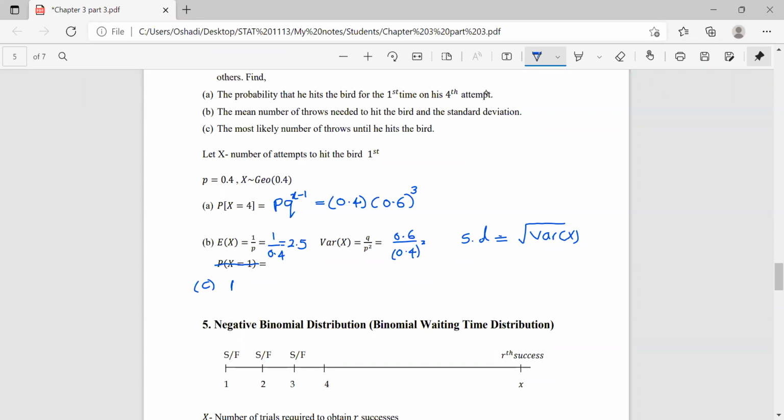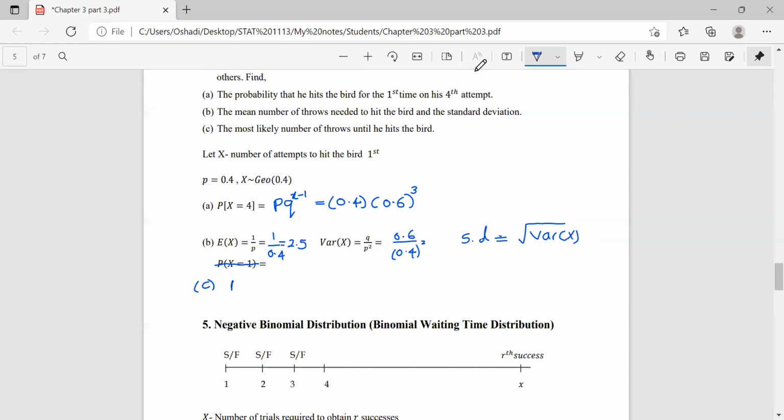So for any geometric distribution, the mode is 1. Okay. Right. So that is the geometric distribution.